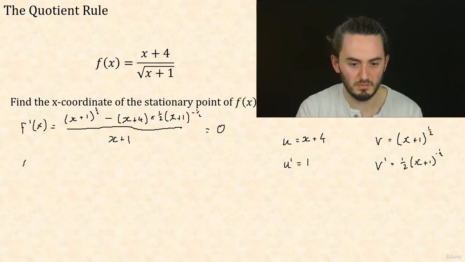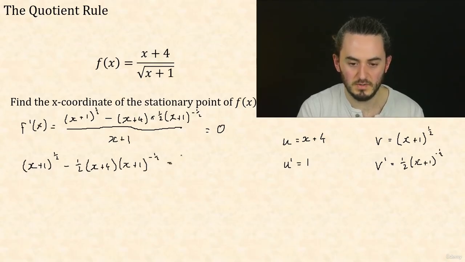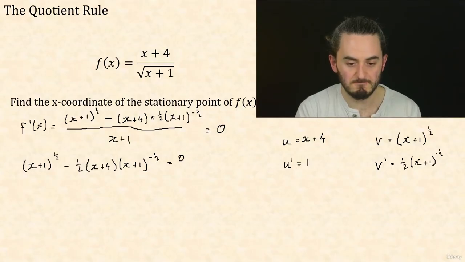So let's write this out a bit more neatly. I've got (x+1)^(1/2). Now what have I got here? I've got minus, well, there's a half to pull out, (x+4)(x+1)^(-1/2). Okay, awkward factorising.